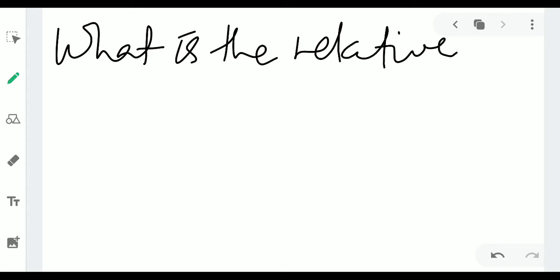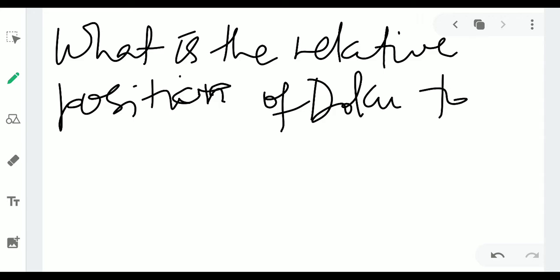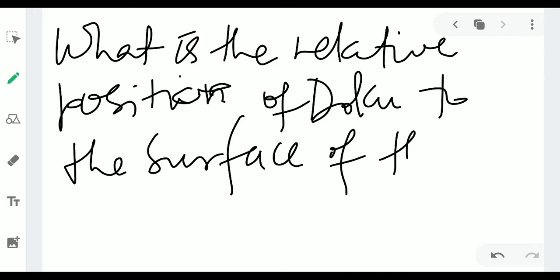Then the question is, what is the relative position of Doku to the surface of the water?